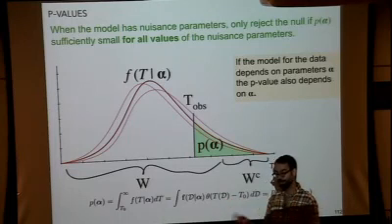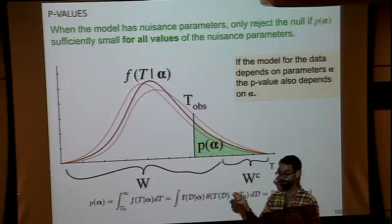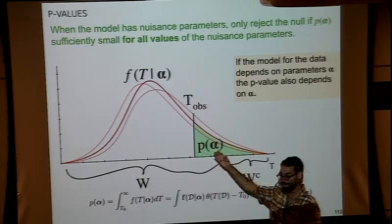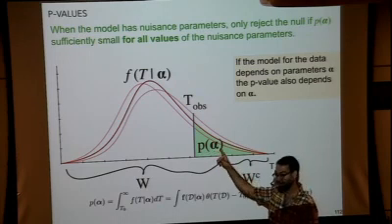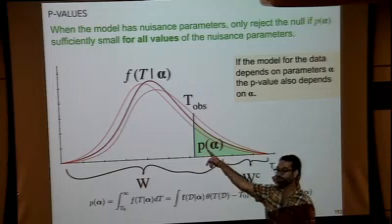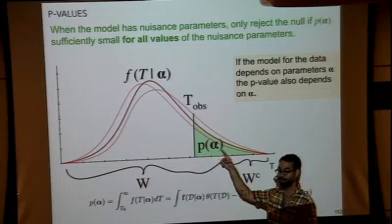You're not going to want to reject the standard model if you can find some value of your calibration constant that describes the data, right? But if you can't find any value of the calibration constant that describes the data, so if the p is small for all values of alpha, then you're going to reject. So exactly. So that's the kind of logic. But then the hard part, of course, is that now I have to calculate p-values for all different values of alpha, which is going to be a big pain in the butt, right?